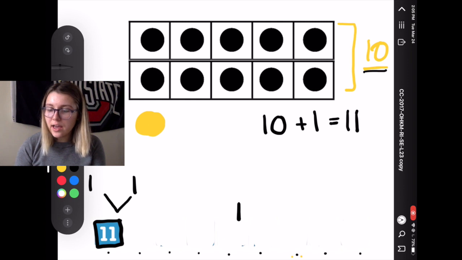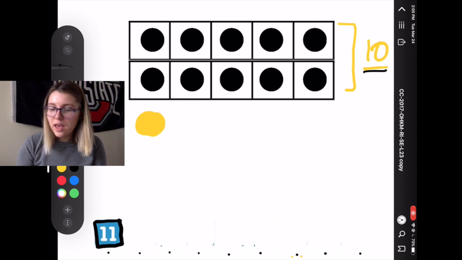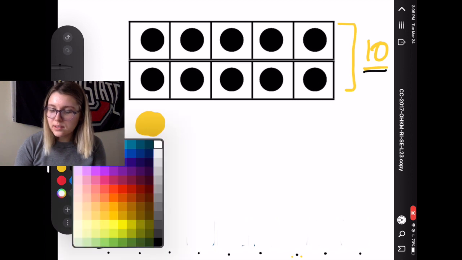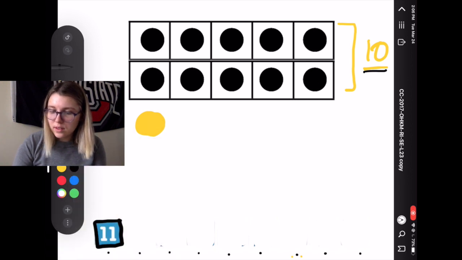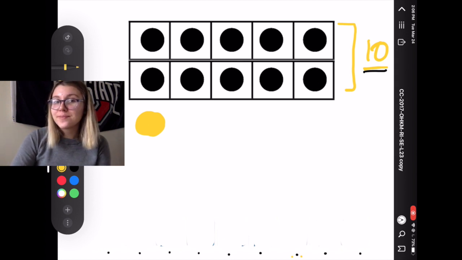So if I wrote, let's say the number 16. So I can show that with 10 and how many extra dots?